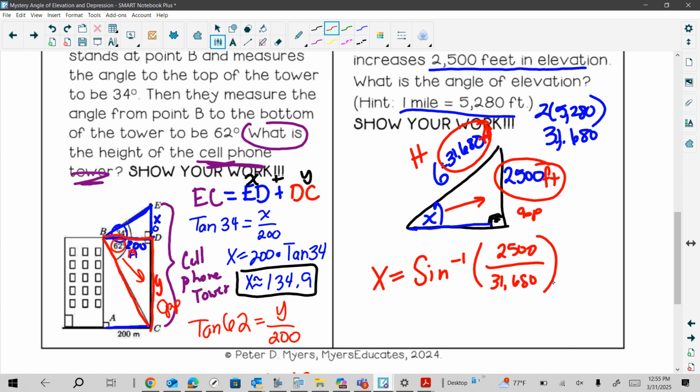And then you check your answer with the answer choices on the front.